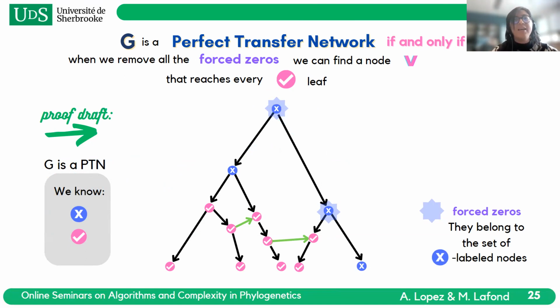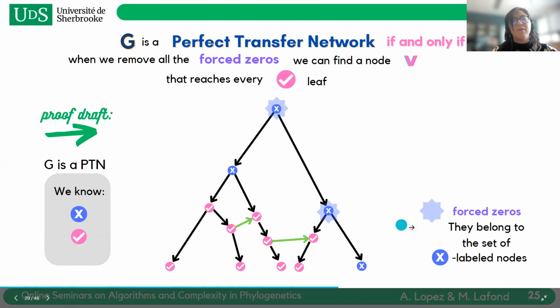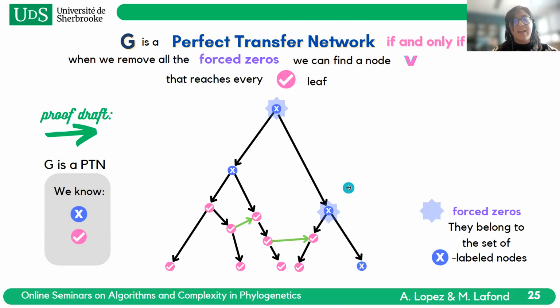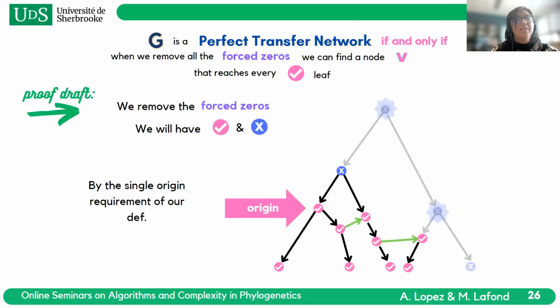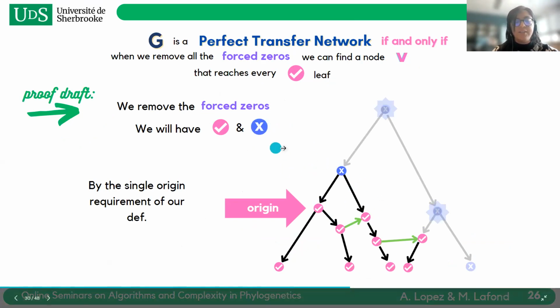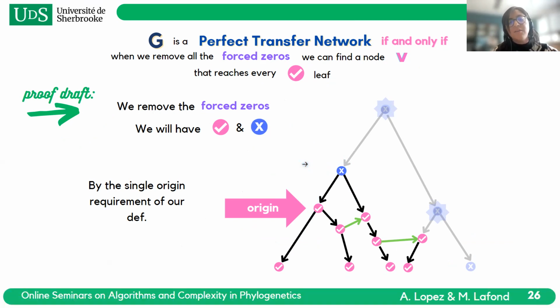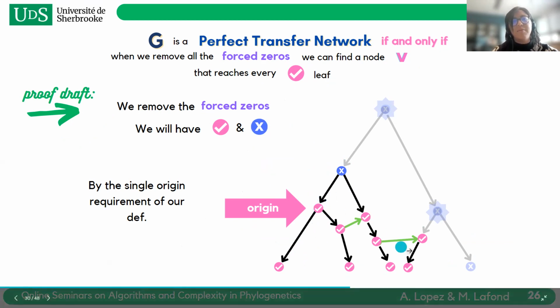Here we see, as I've shown before, that the force zeros actually belong to the set of off-labeled nodes, the nodes marked with an X. And when we remove this set of force zeros, we will have a component that still has off tokens and on tokens. But by the single origin requirement of our definition of perfect transfer networks, we can find a node V that actually reaches every other on leaf.